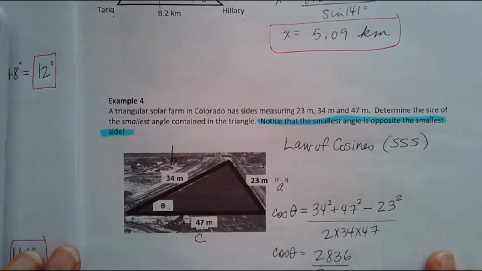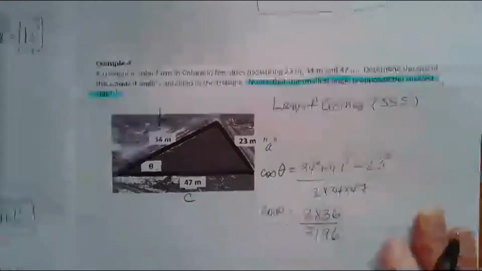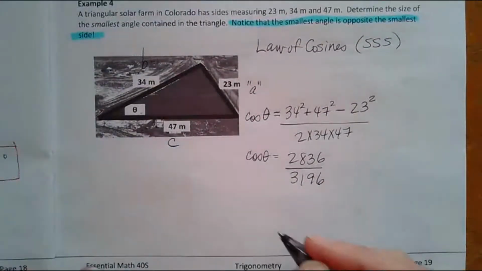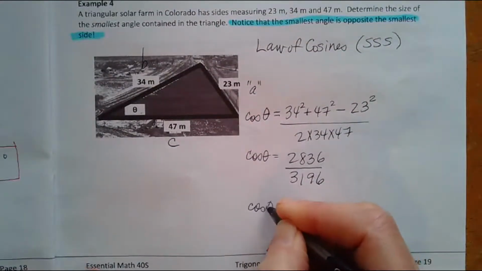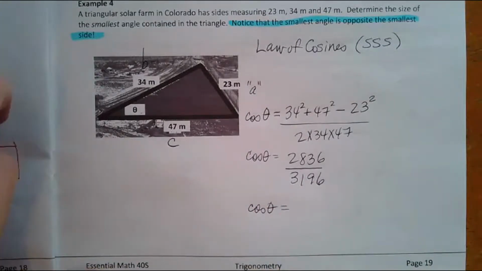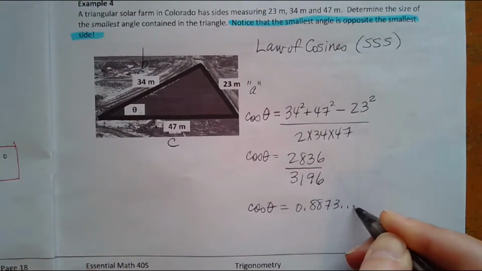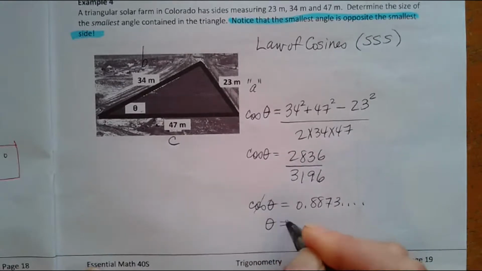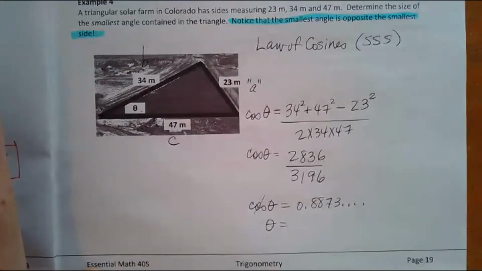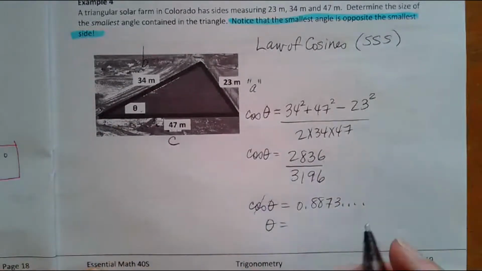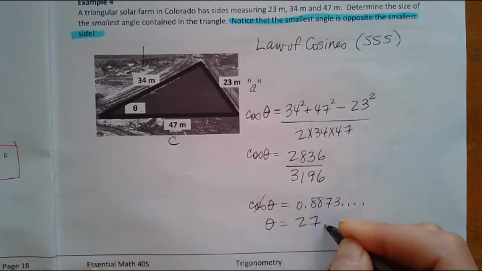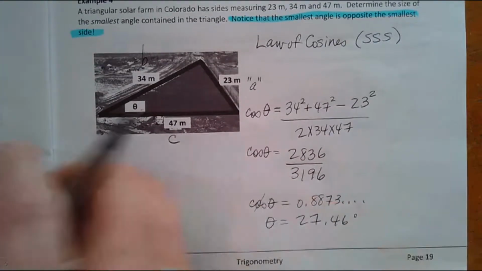So I get, once again, these are just exactly like those questions we just finished up doing in assignment 3. I'm going to find a decimal answer. And I get 0.8873... And now I'm going to shift cos. And I'm going to get 27.46 degrees.